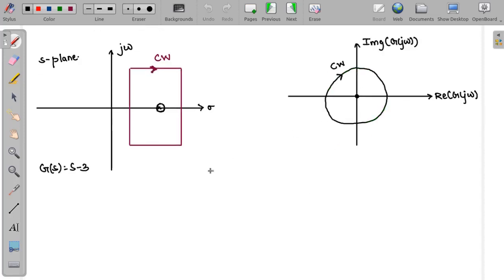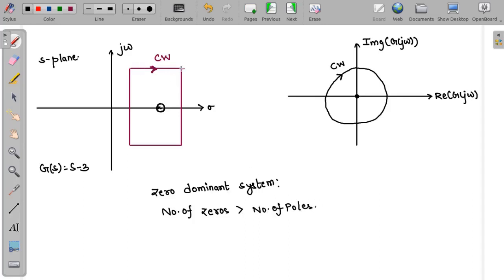And similarly in a zero dominant system, we have the number of zeros greater than the number of poles. In such a system, if you enclose in whatever direction, the same will be the direction in your imaginary or complex domain, or your frequency domain.